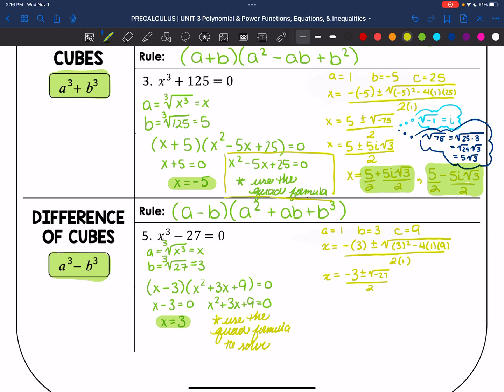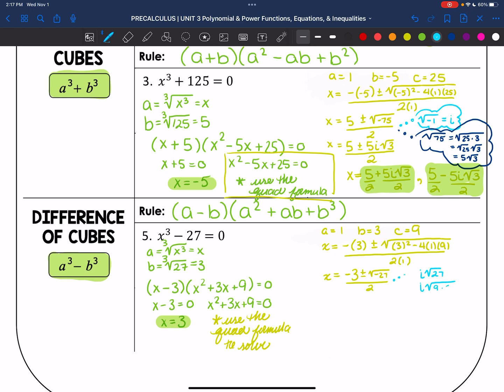Okay, so let's think about simplifying this over here on the side. I know that this is actually going to be i square root of 27. Now 27, how could I break that down a little bit more? What's a perfect square that's a factor of 27?